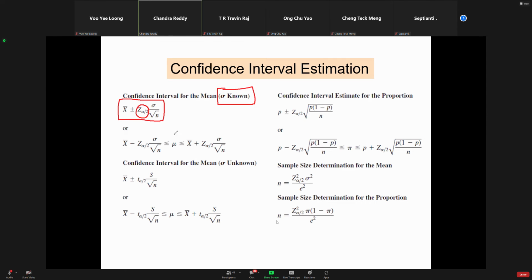When sigma is unknown, we need to bring in the t distribution, or Student t distribution. For the Student t distribution, you need to know the sample size, so we need to write the degrees of freedom. Degrees of freedom will be n minus 1.